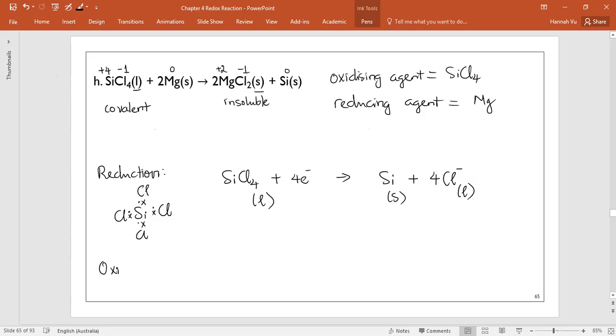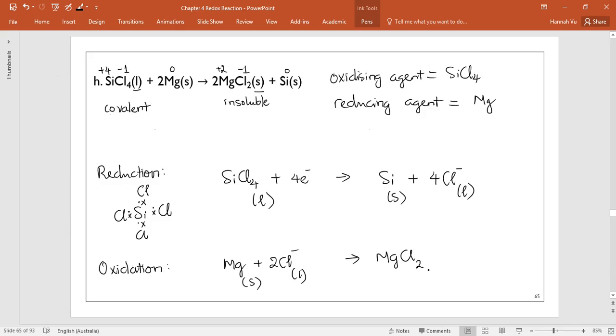So if we talk about the oxidation, you have magnesium, which is a solid, going to magnesium chloride. And I think this makes a lot of sense. If you have the magnesium solid coming into contact with the silicon chloride, it's going to precipitate with the chloride ion. So the chloride ion is going to go on this side, and I need 2 to balance that, and it's still liquid.